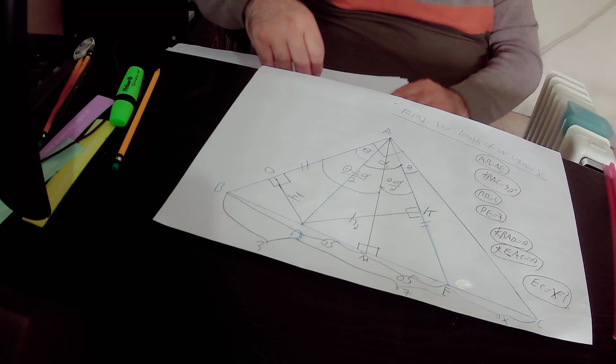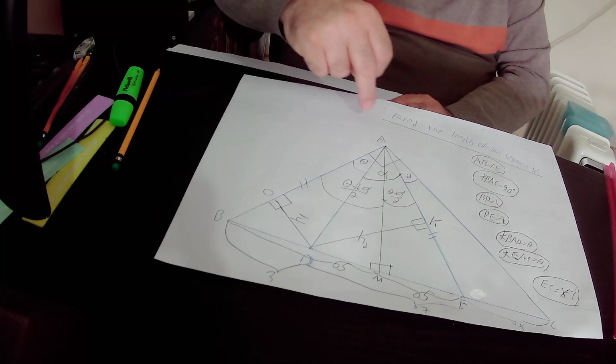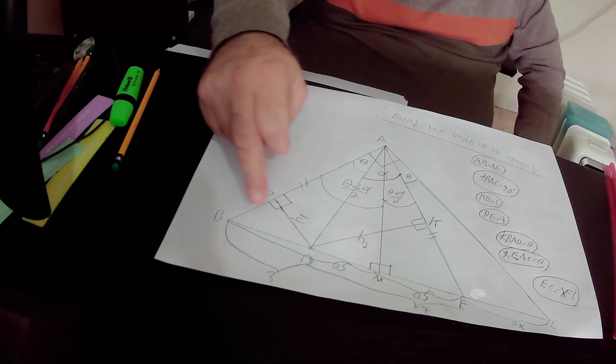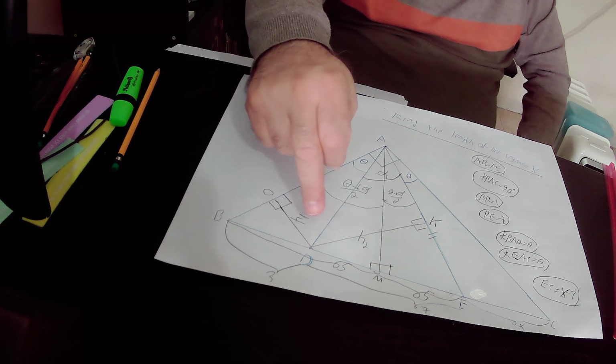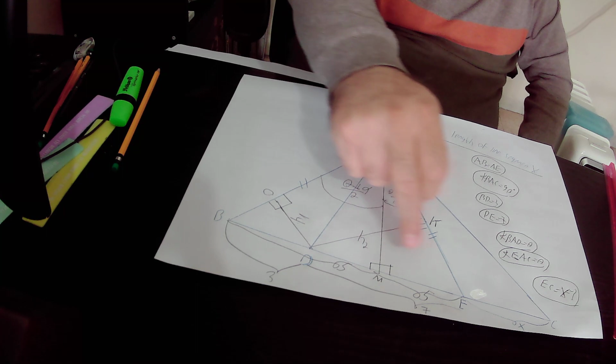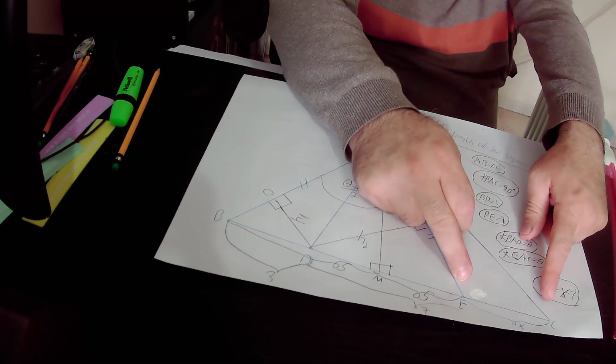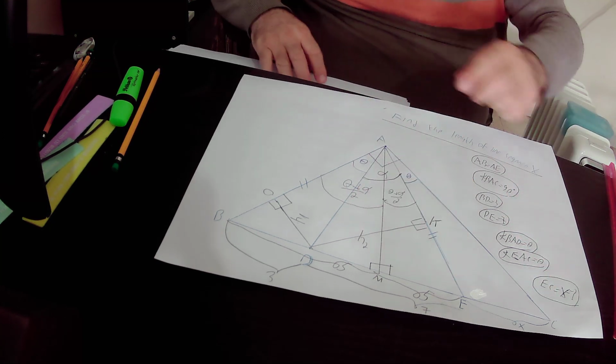We also know that AB equals AE. We know that line segment BD equals 3 units and line segment DE equals 7 units, and we want to find out the value of line segment EC that is equal to X.